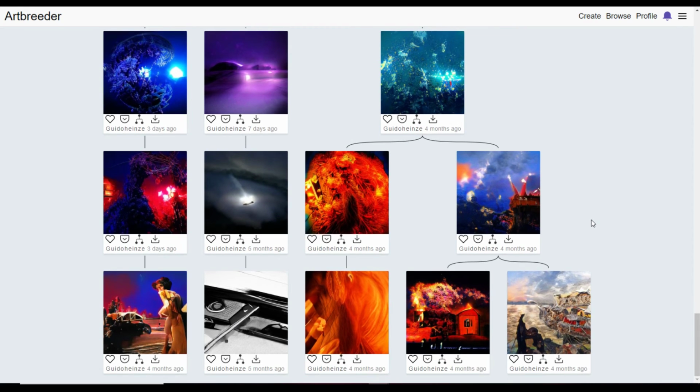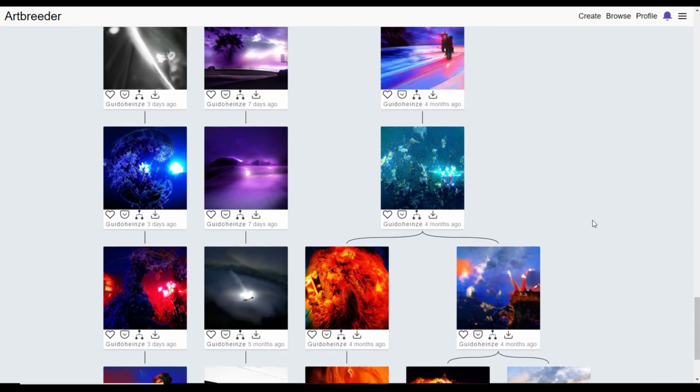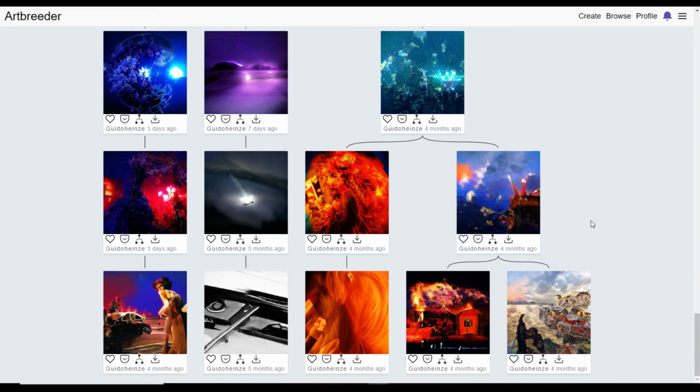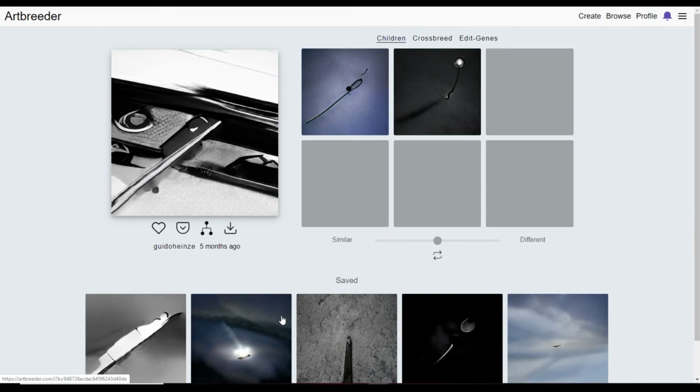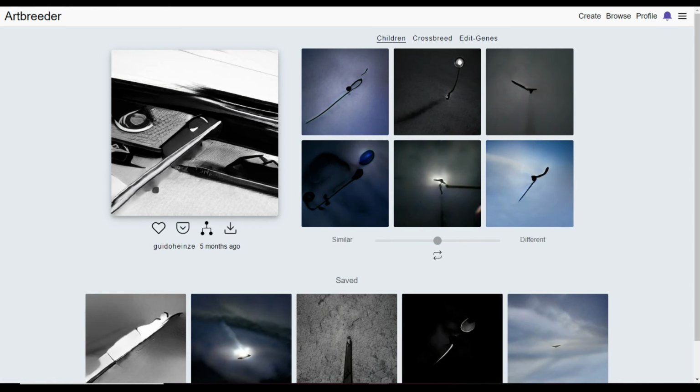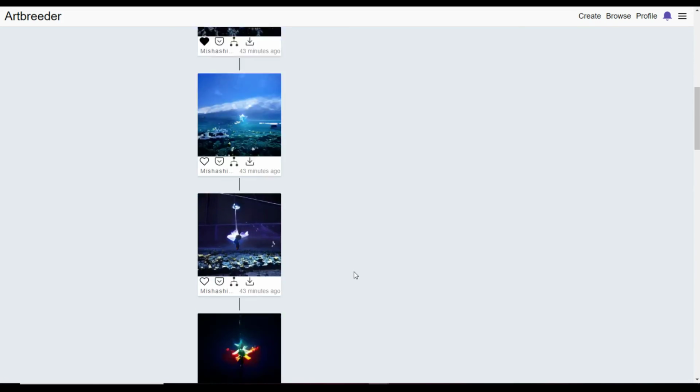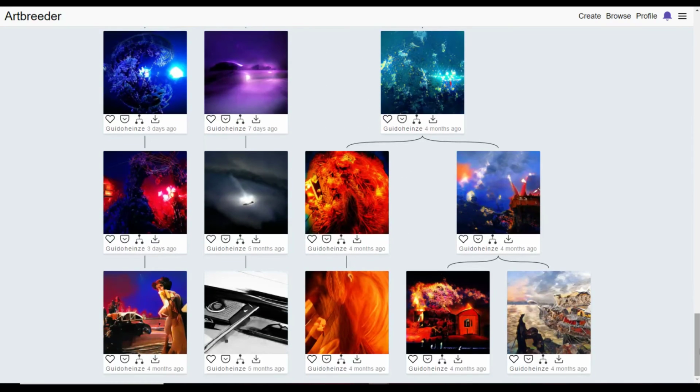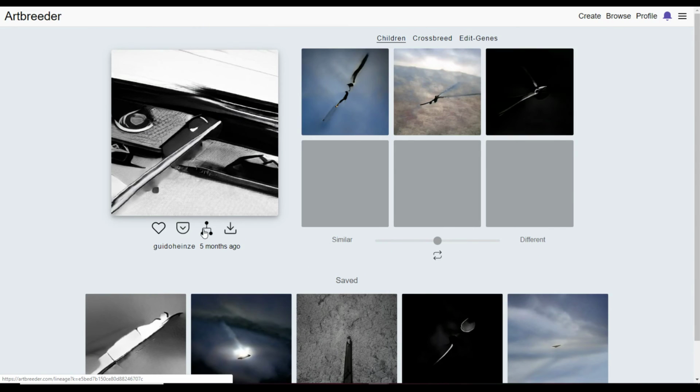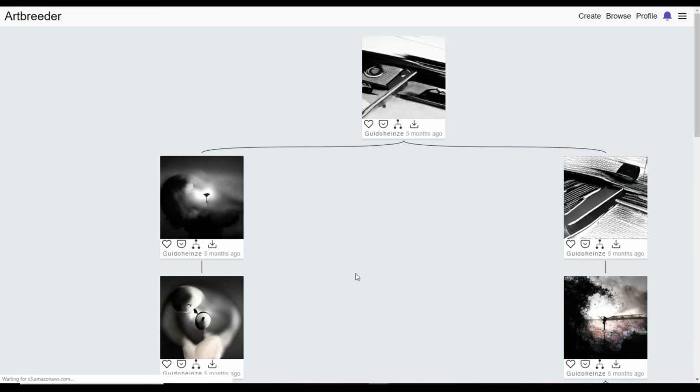Still pretty abstract for the most part. No real discernible objects. Okay, so I think it just shows a limited amount because it derived from this, one of the pictures it originally derived from, and then this one has its own lineage.